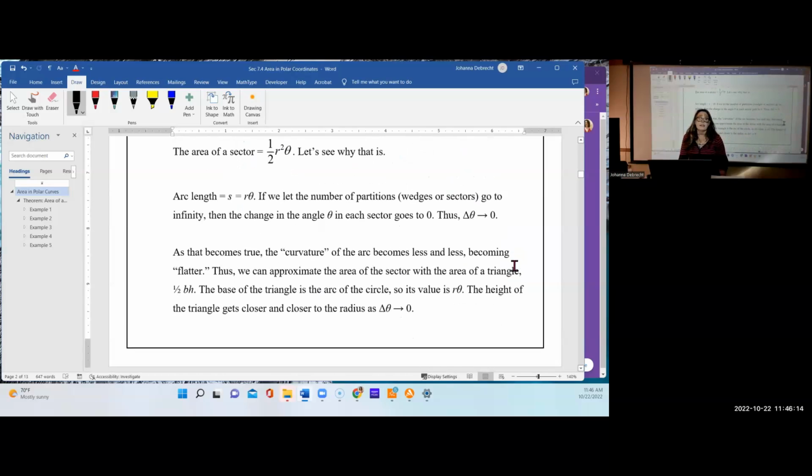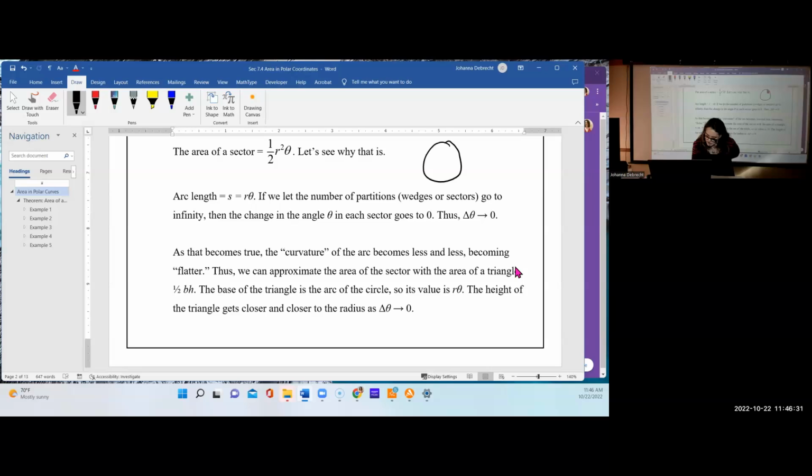The area of that sector turns out to be 1/2 r squared times theta. Let's see why. Now, we know from geometry that the measure of the arc length is r times theta, and this is on a circle.